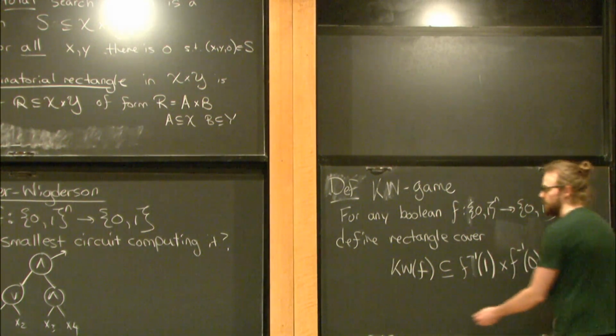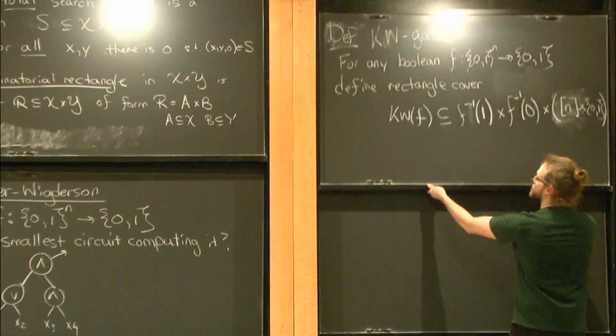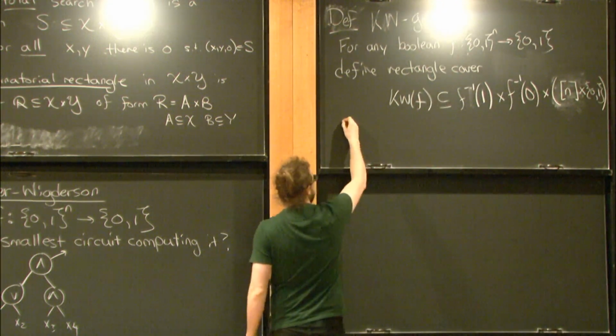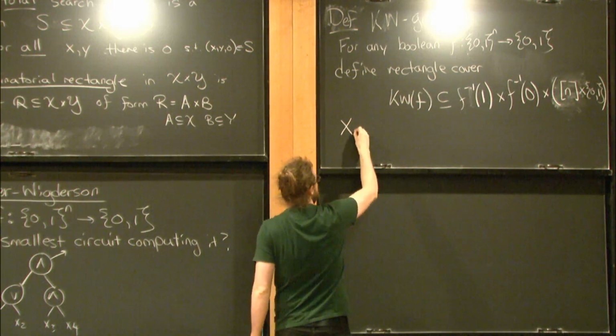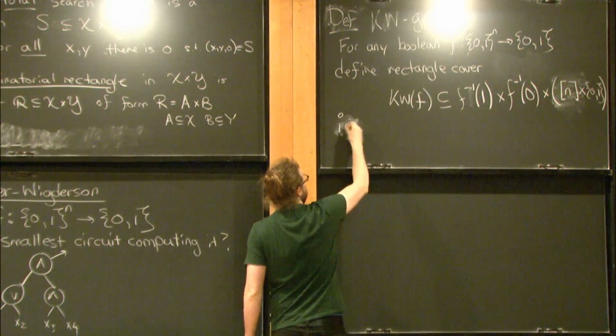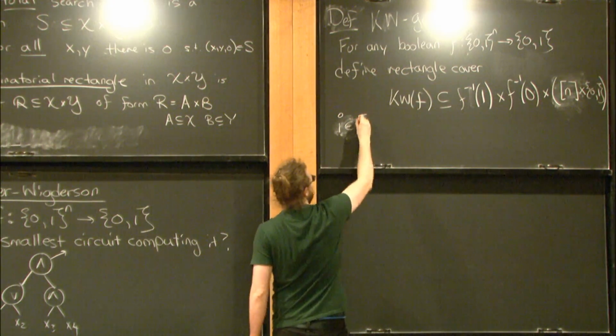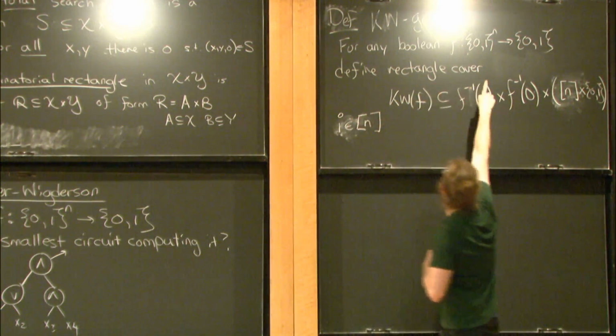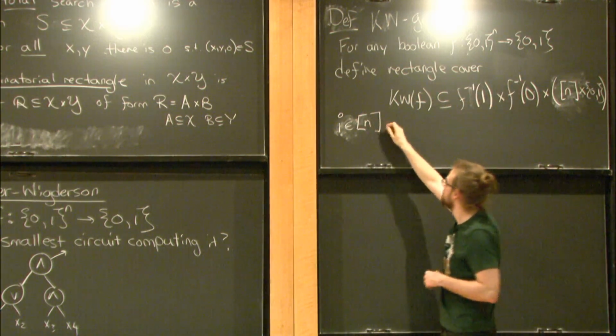Let me define each of these. For any input variable i, so i is an input index to the function, f is a function on n bits.